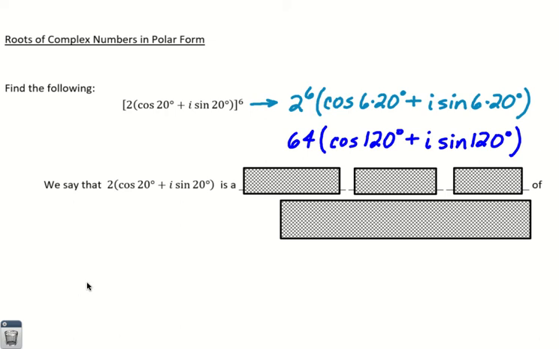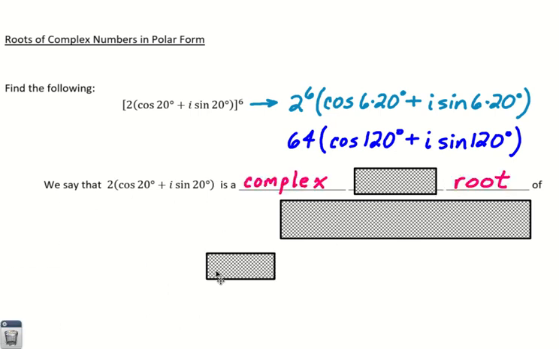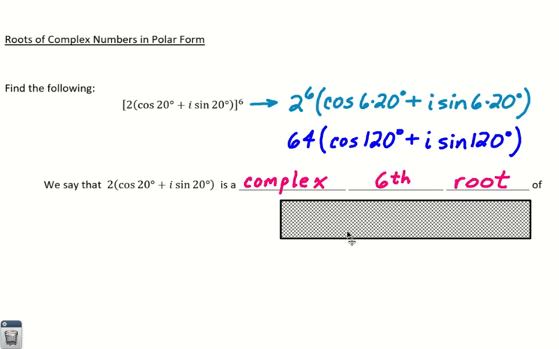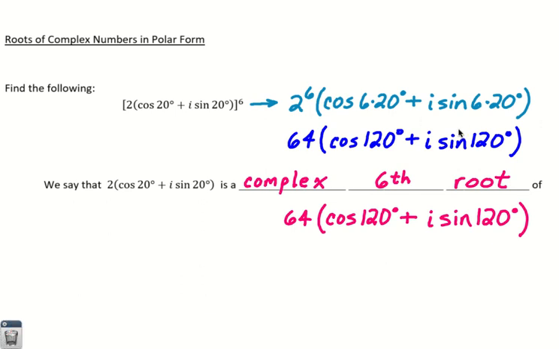So if this to the 6th power gets you what's here in royal blue, then this you could say is a complex what root? Not a second root, but a 6th root of what was in royal blue here. Okay? I mean, right? So we're going to be doing complex roots.